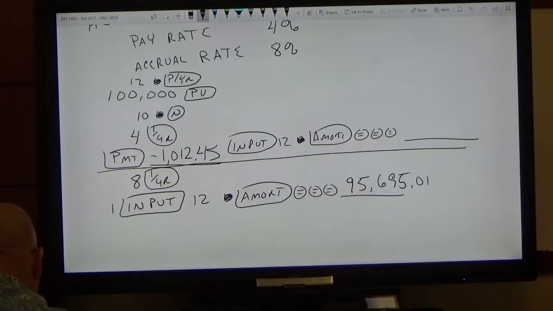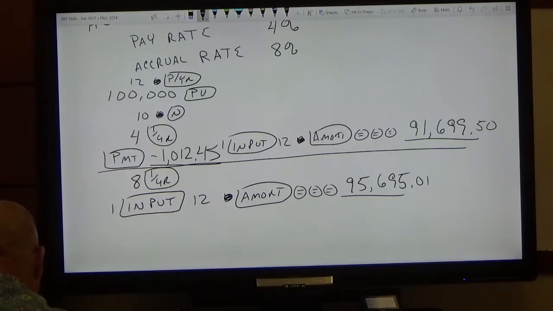I'm not going to ask you to do this. I just want you to see the difference. The balance would have been $91,699.50.